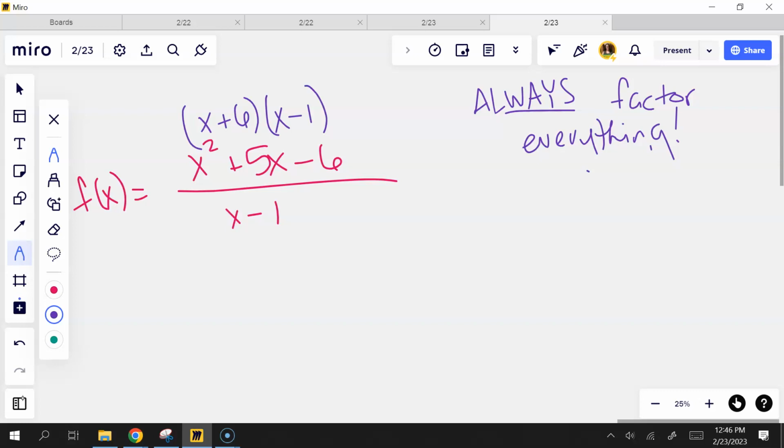Ready? All right, how do I find the x-intercept first? Without a calculator.